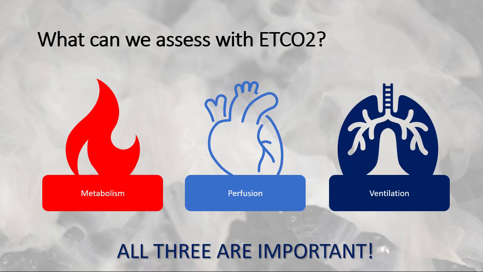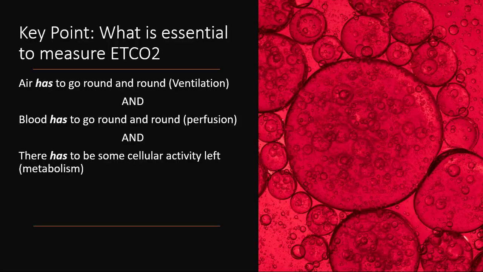So in order to measure end-tidal CO2 as opposed to PaCO2 and other variations, PvCO2 is such a thing, but in order to measure end-tidal CO2, well, the old expression is air goes in and out and blood goes round and round, and each variation is a bad thing. Well, that's true here.